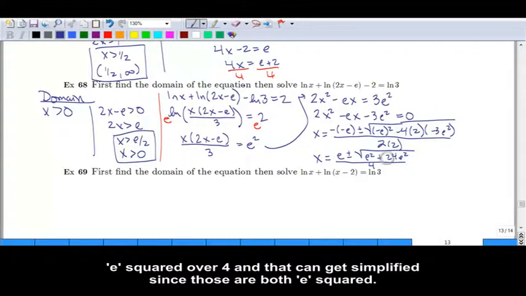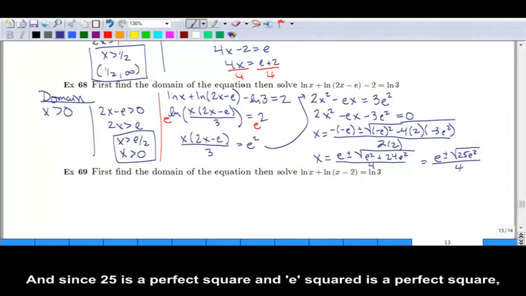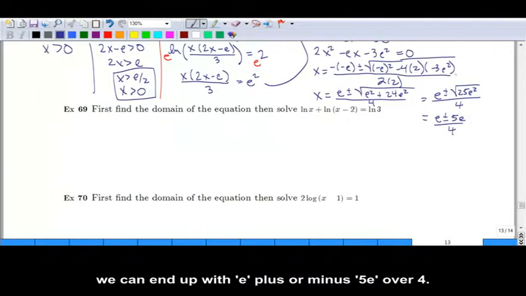And that can get simplified since those are both e squared. We can end up with e plus or minus the square root of 25e squared over 4. And since 25 is a perfect square and e squared is a perfect square, we can end up with e plus or minus 5e over 4.